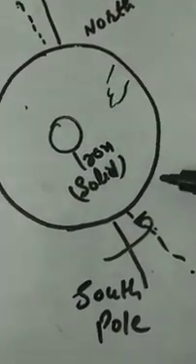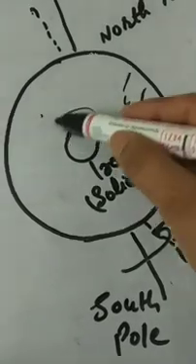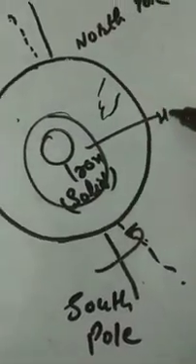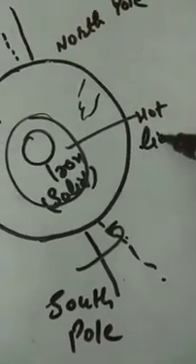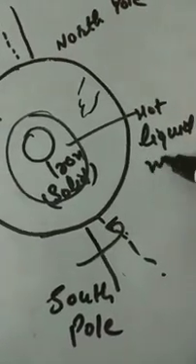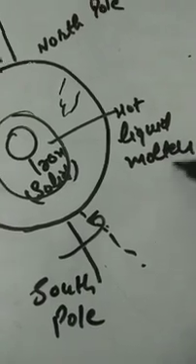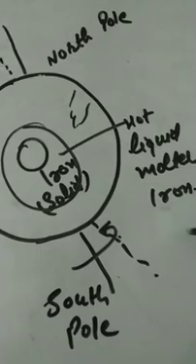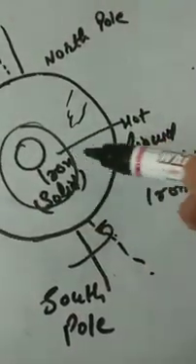Surrounding this solid iron core is hot, liquid, molten iron, forming the outer core.